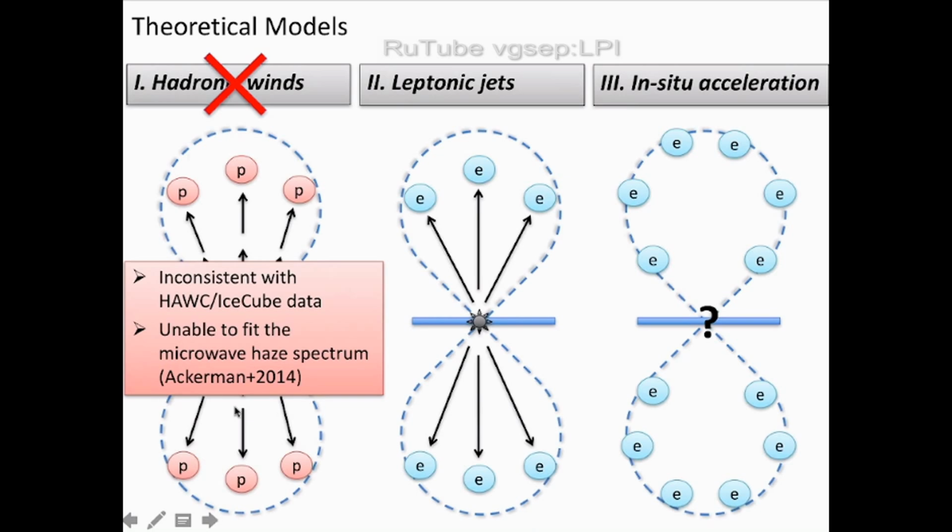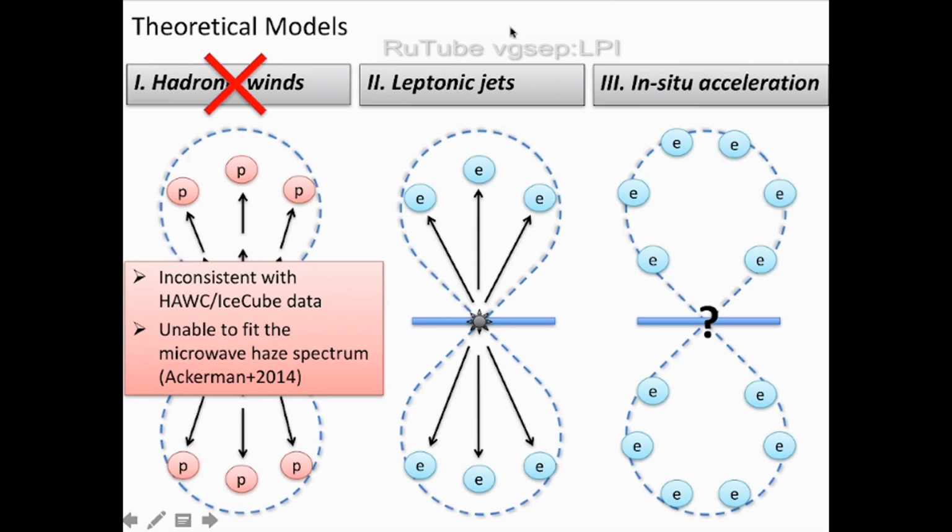It was also shown by previous work that the hadronic model cannot fit the microwave haze spectrum, because if they calculate the emission produced by secondary electrons and positrons, the predicted amount of emission falls short compared to the observed haze spectrum, and also the slope is too soft compared to the observed hard spectrum. So basically, the hadronic model has been disfavored. Now we're left with the leptonic jet model or the in situ acceleration model.